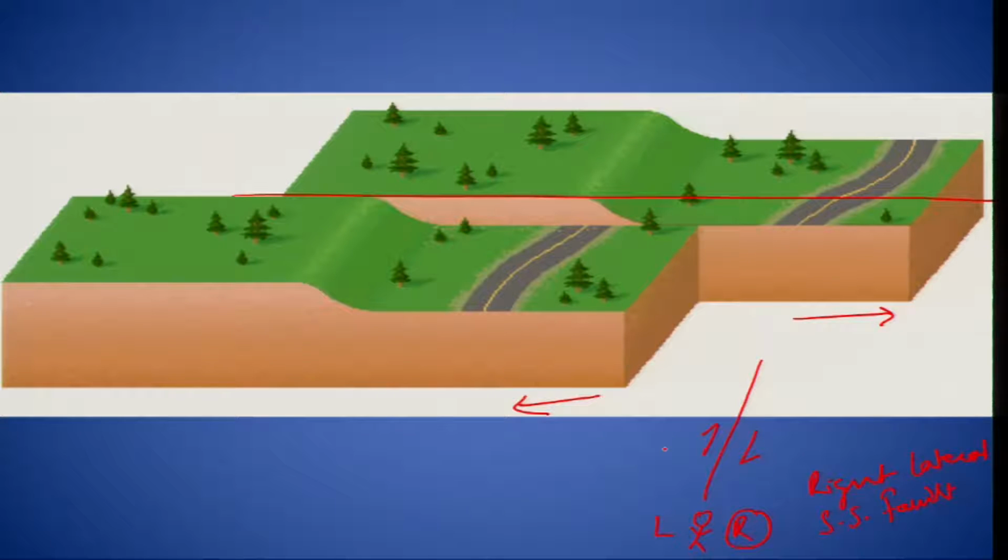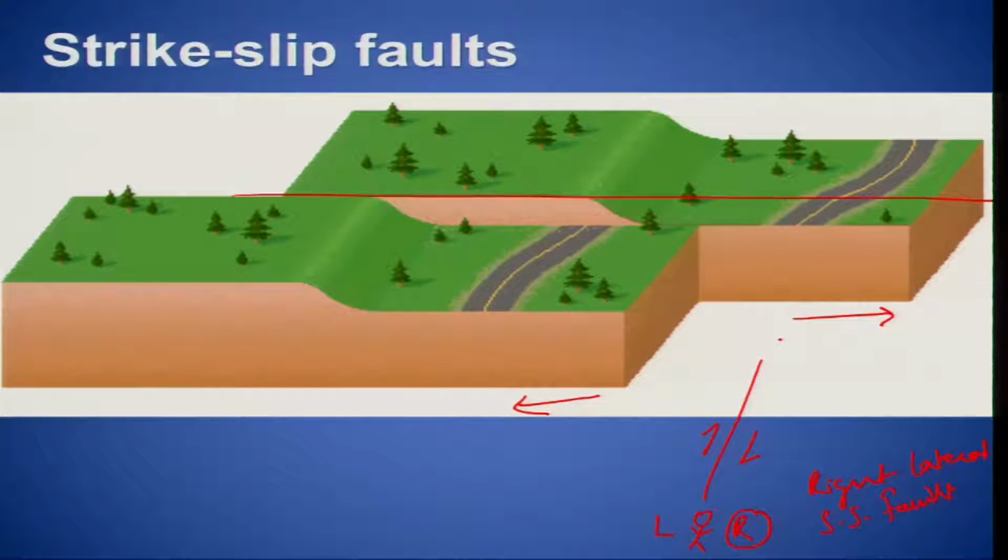And if it is opposite, then we will say the reverse. This is irrespective of where you are standing, either on this side or on this side, it will be the same. So this is an example of a right lateral strike-slip fault.